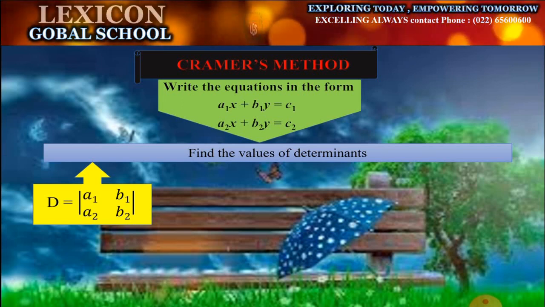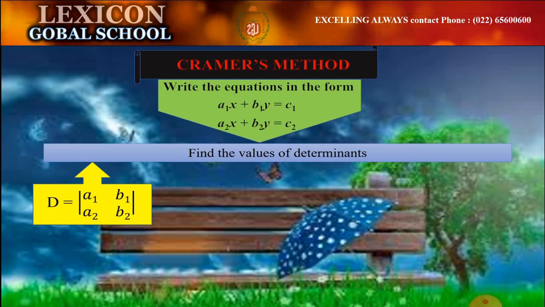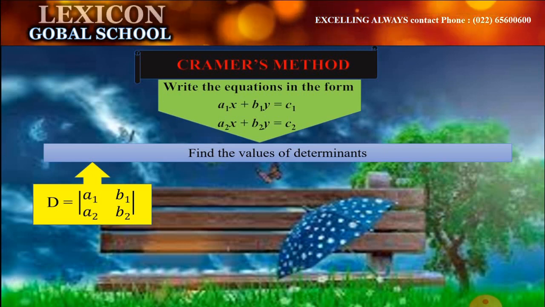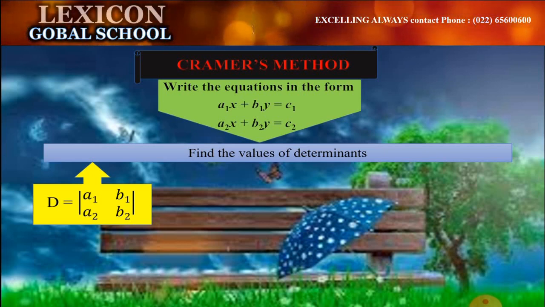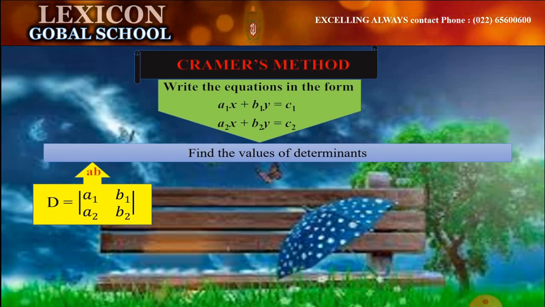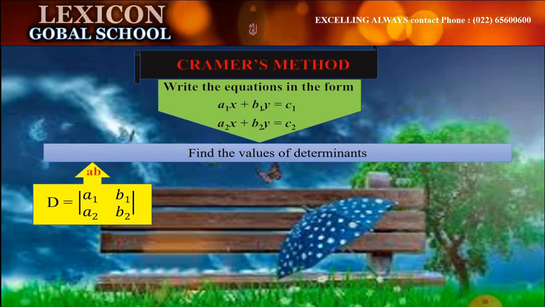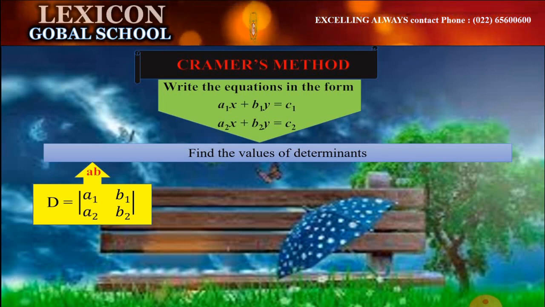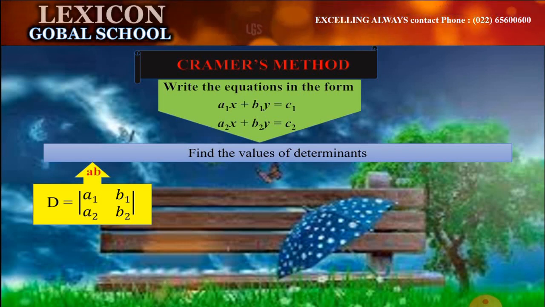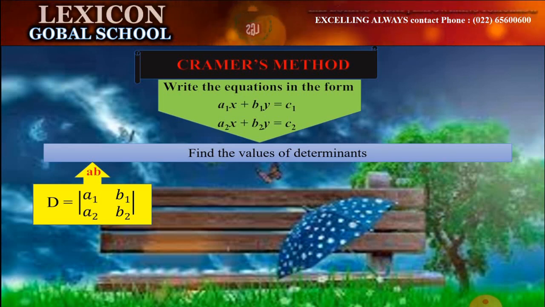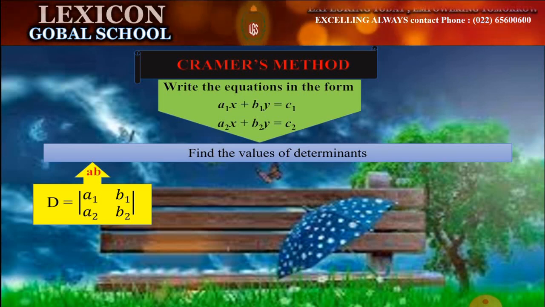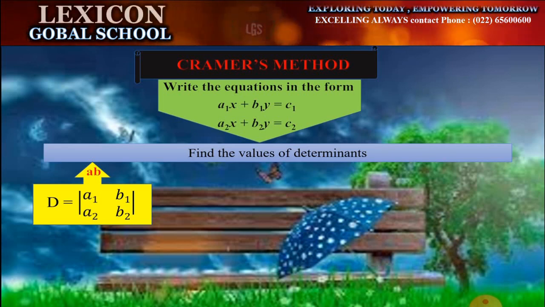That means a1, b1, a2, b2. To remember this formula, we have AB, that means a and b. To find out the value of D, we need to remember we have AB. So we need to take a1, b1, a2, b2.